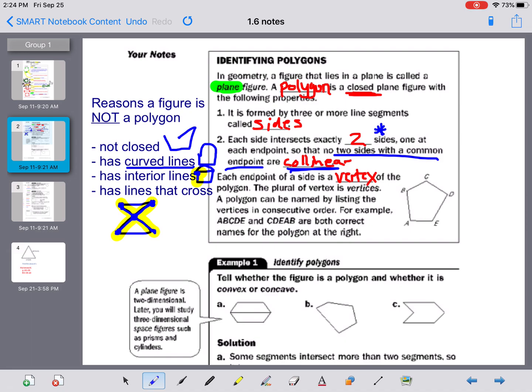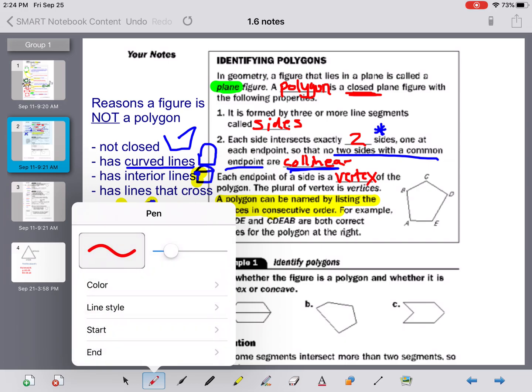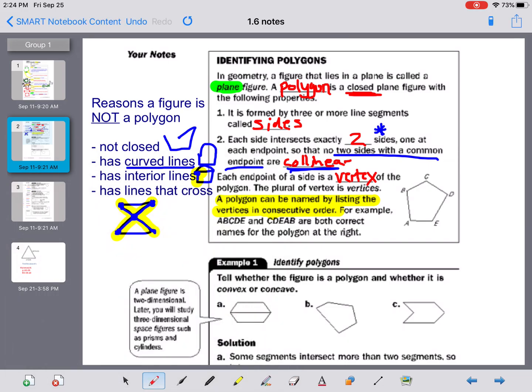Okay, the other thing we need to talk about is naming a polygon. A polygon can be named by listing the vertices in consecutive order. Consecutive means one right after the other. So basically we're playing dot to dot, and you choose where you start. It does not matter where you start. This is not the alphabet, where you have to start right where it is.